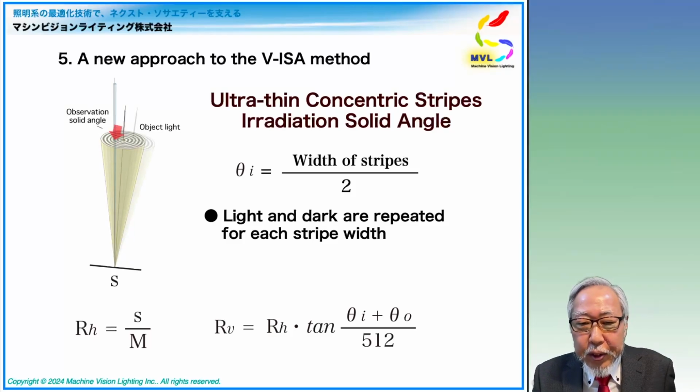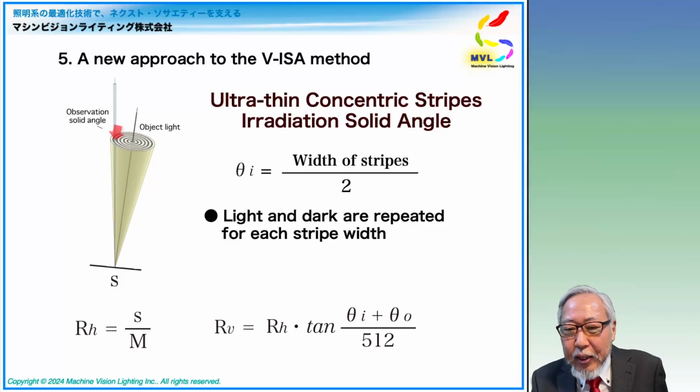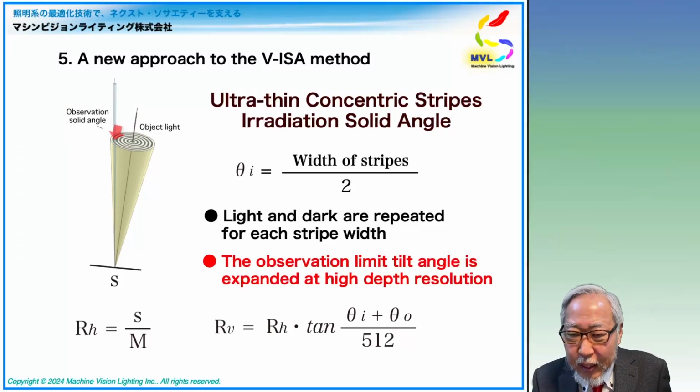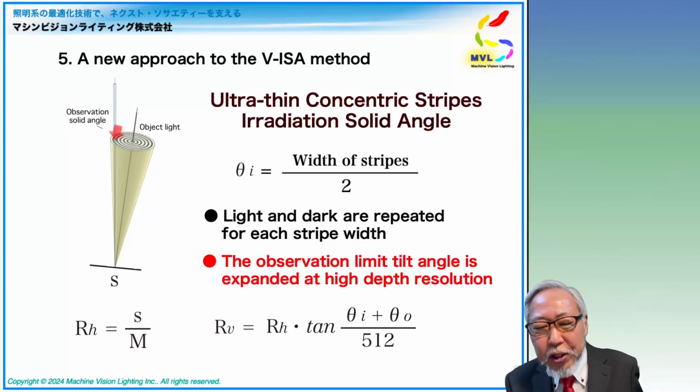If you tilt it, the direct light that is returned also tilts, and this is the interaction and relative relationship with the observation solid angle, and the light and dark are repeated until the direct light can no longer be captured.